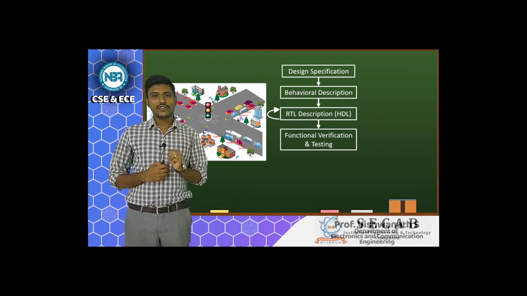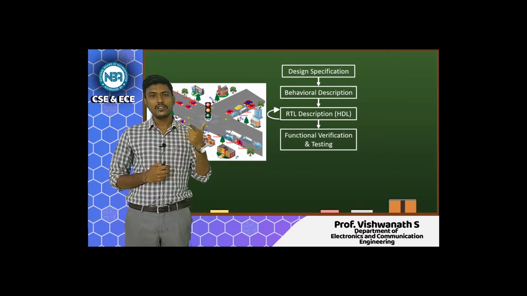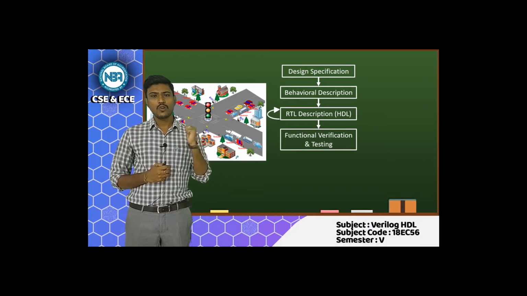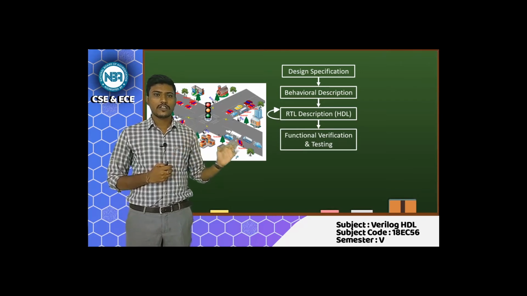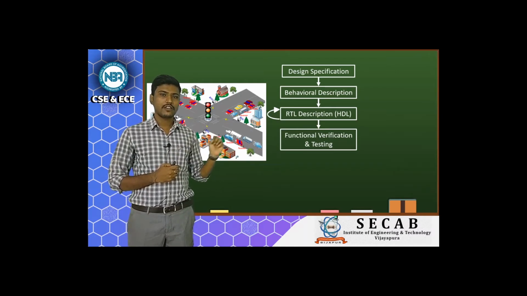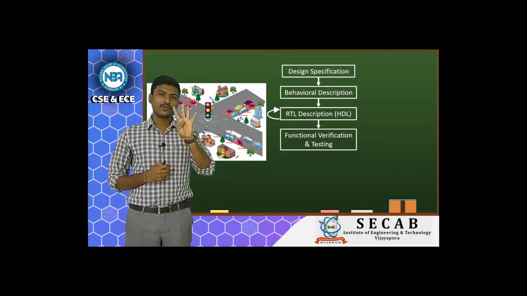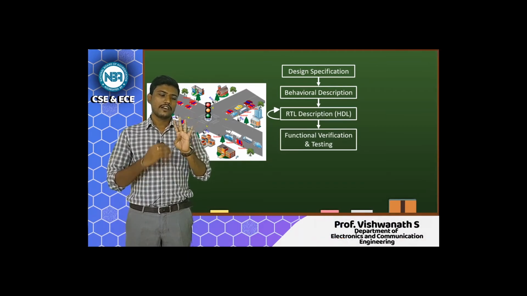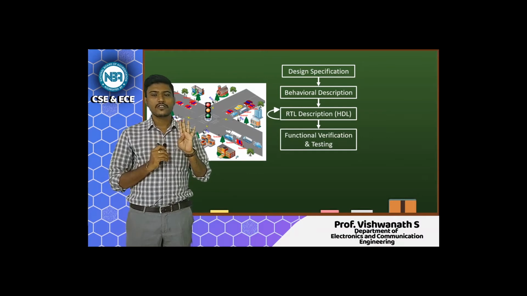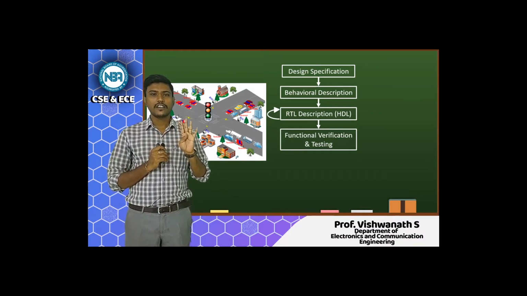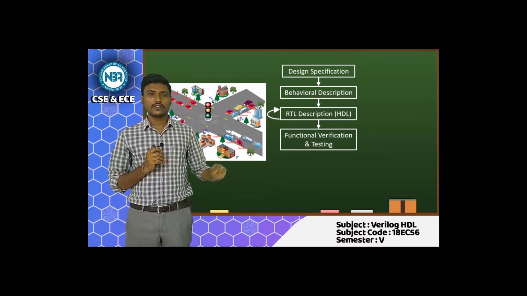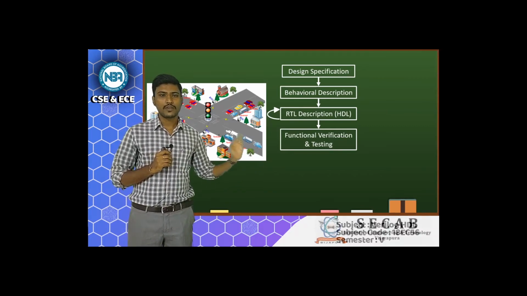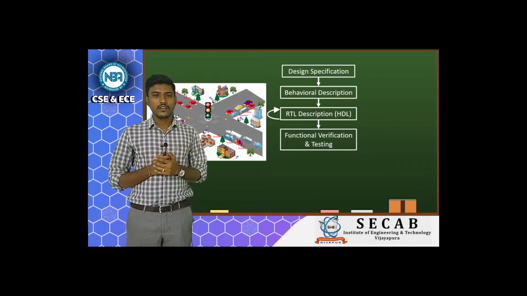Those 4 different combinations are 0 0, 0 1, 1 0 and 1 1. In order to test the complete functionality of that AND gate, I need to test 4 different combinations, and if all 4 are verified, then I can tell that this AND gate is working properly and there are no errors in the design.